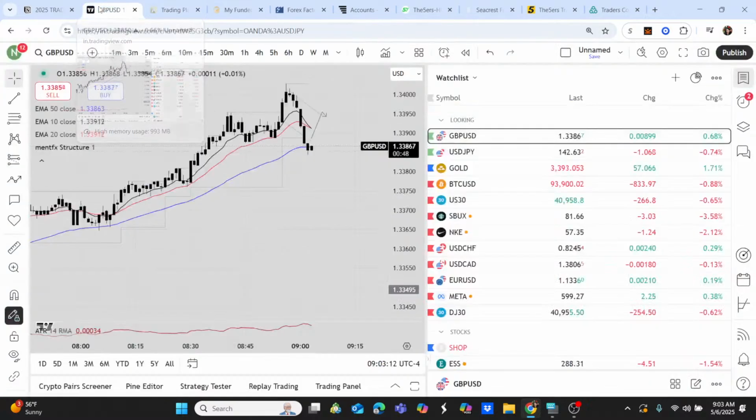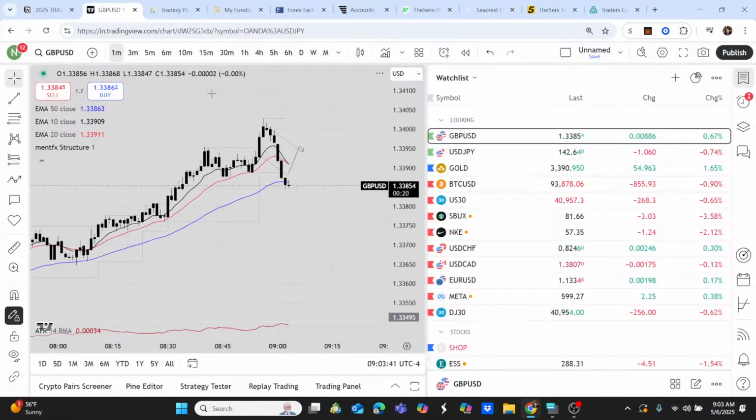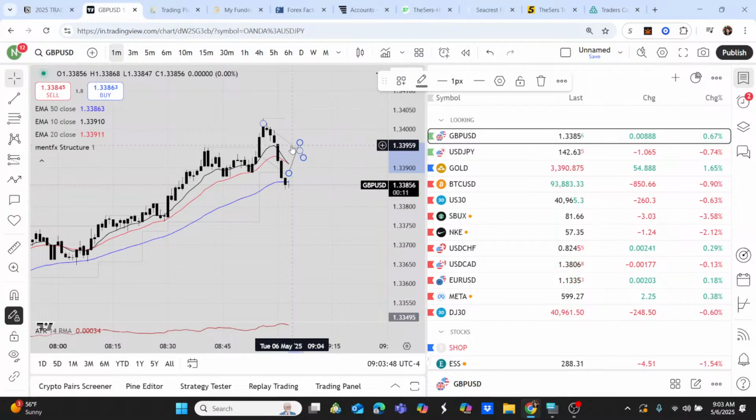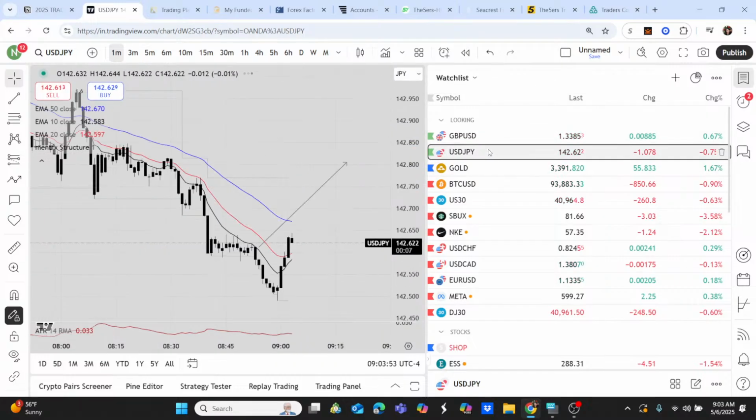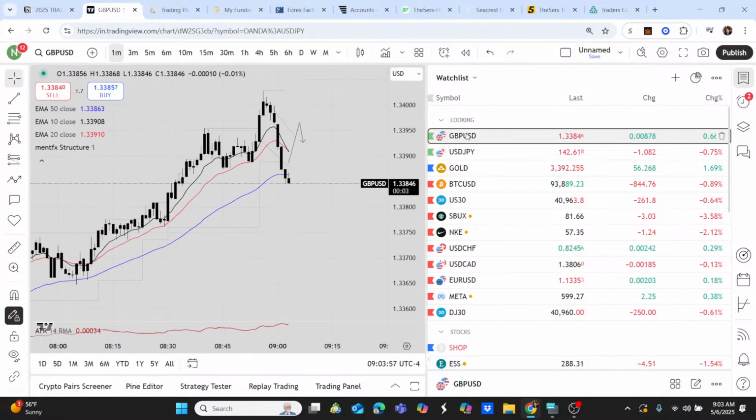And I can only risk 0.30 on this FXify to see if I end up losing it, because that's the last bit of drawdown I have left. And I'm just swapping between them to see which one sets up first.